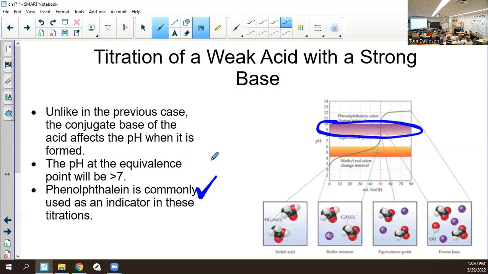Which indicator below would be the best one to use? And it would say phenolphthalein with a range of 7 to 8. It'd say bromothymol blue with a 6.5 to a 7.5 or whatever. And you just say, hey, it's got to be the one that's around 8 or something like that. Like it'll be pretty specific.